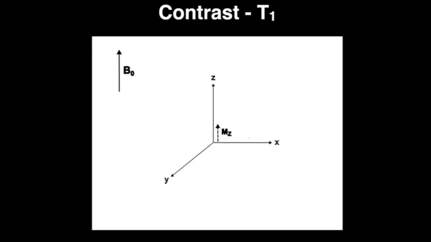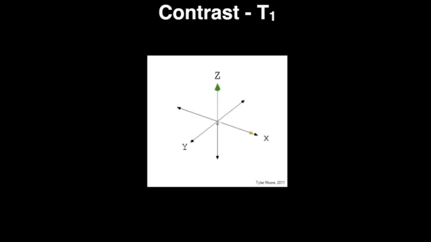After we take away that RF, the system wants to go back to its equilibrium state. So that longitudinal magnetization, M0, wants to grow back to where it was at equilibrium when we first put it in. It turns out that regrowth back to equilibrium is measured by a contrast quantity called T1.